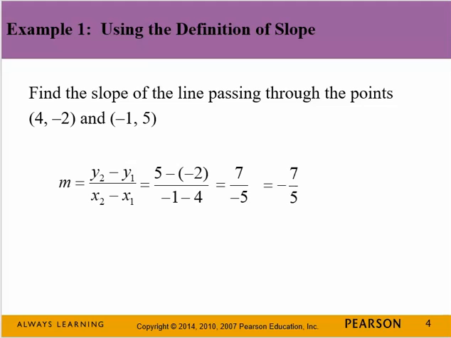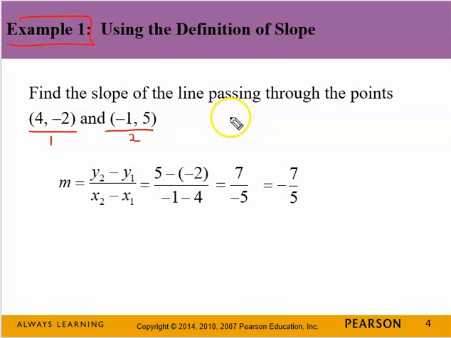For example 1, they're asking you to find the slope using these two pairs. Now here they're making this pair the y sub 2s and this pair the y sub 1s. Suppose we switched it around and had it the other way, because you see it worked out here. Let's do it the other way.